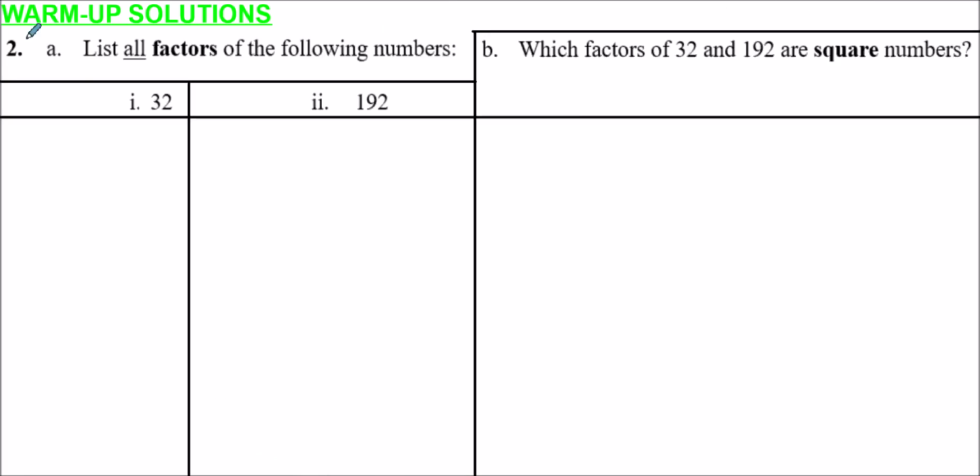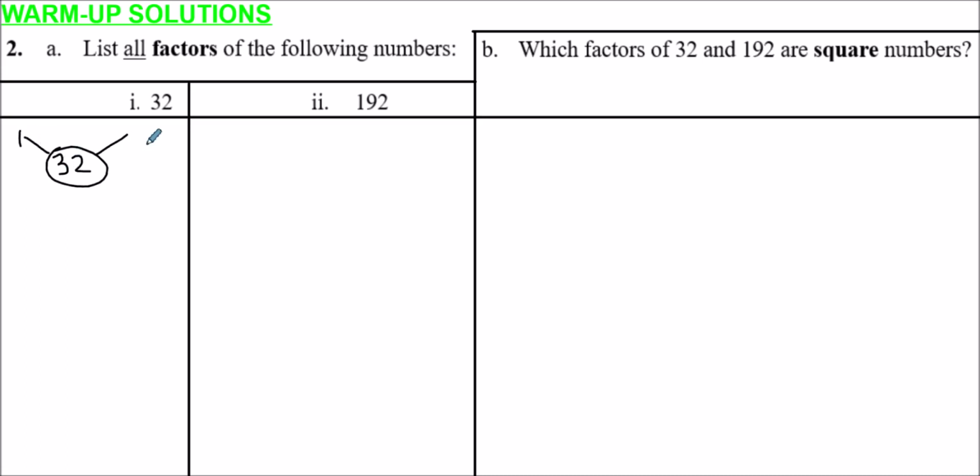Moving on to question 2 of the warm-up. List all the factors of the following numbers. So 32 and 192. Now, we could just do a factor bug diagram for 32. So I'll do it one of 2 ways for you. So 32, put that in the middle, and then on one hand, start with the smallest number you can divide it by. On the other side, give the answer to that division.